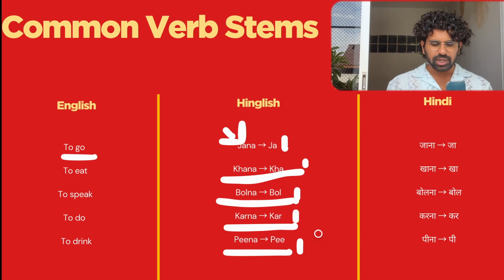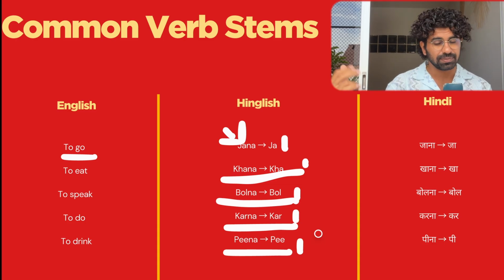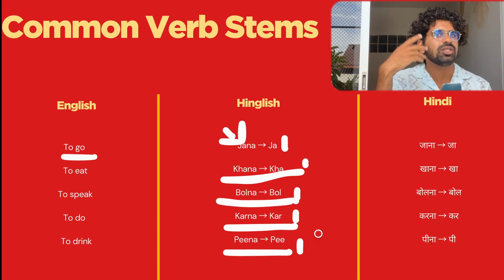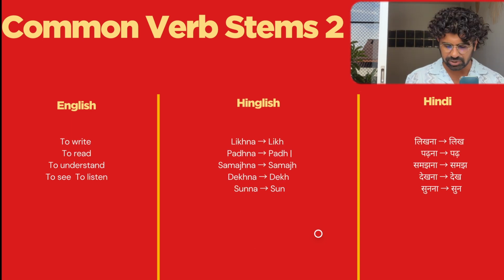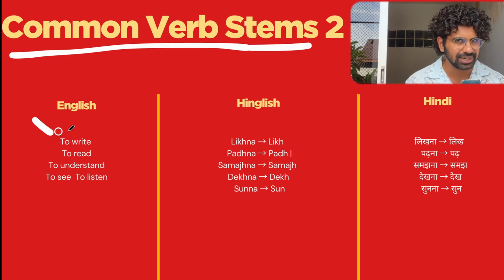If you remember, the rule that we just did was verb stem plus sakna. Now you'll see how we use them when making sentences. The next thing we have here is common verbs, part 2. Some other verbs work exactly the same way.